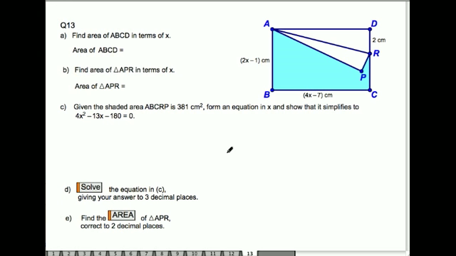In question 13, we are given a rectangle, and the rectangle is folded. Note that we have a right angle here.